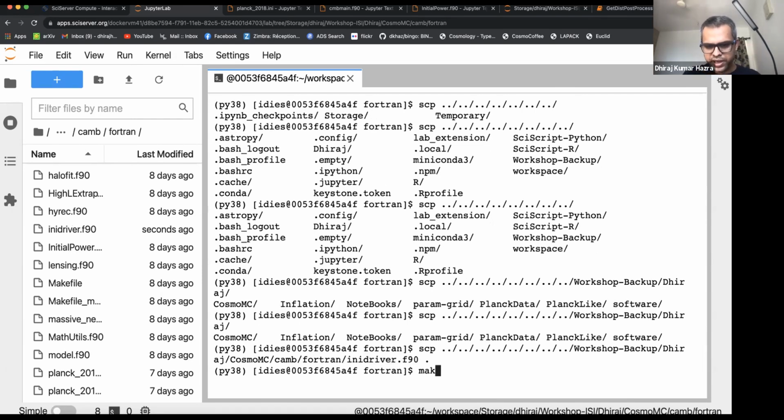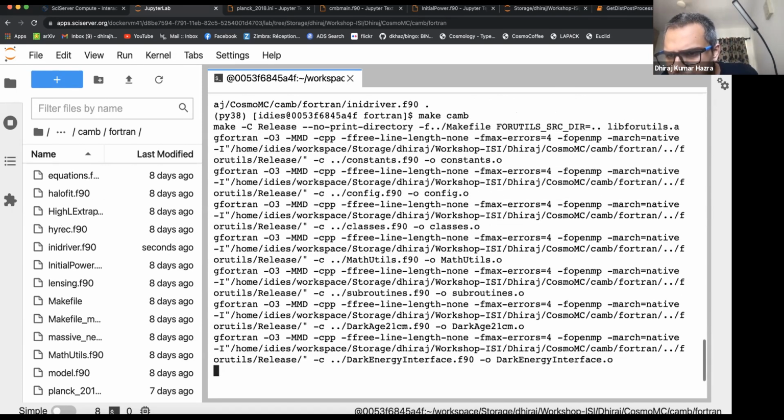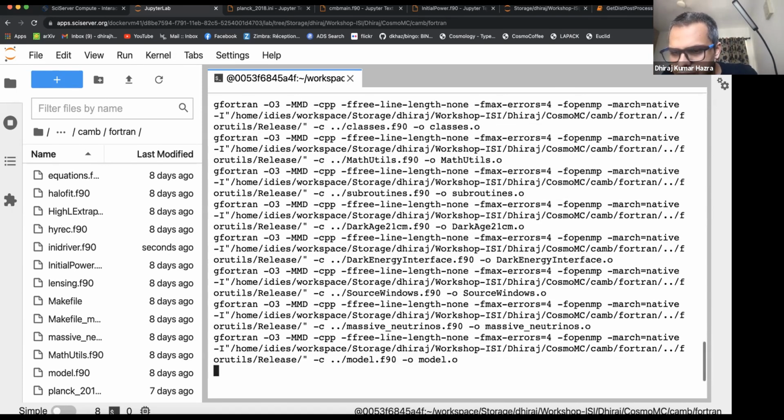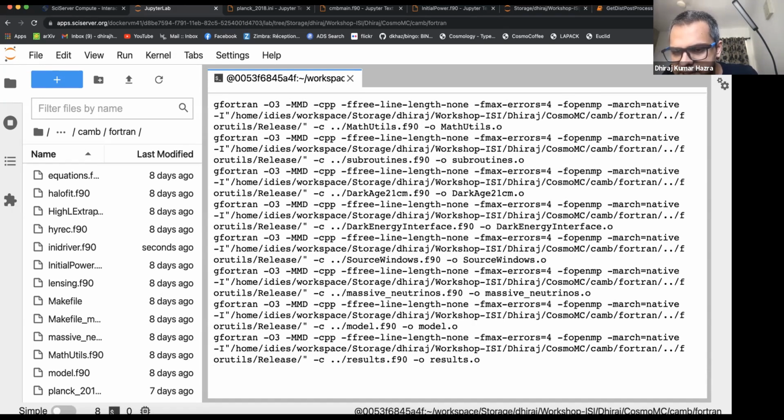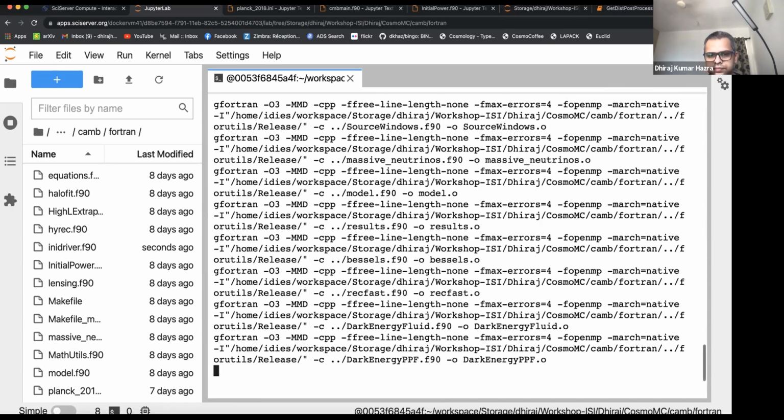Let me now make cam here. Okay. No rule to make target ini driver. Yeah, so I have already fixed that. You just download that, either from the chat box or from the Psi server itself.